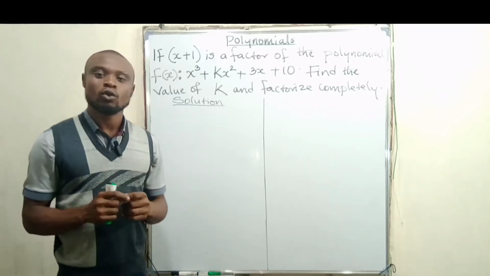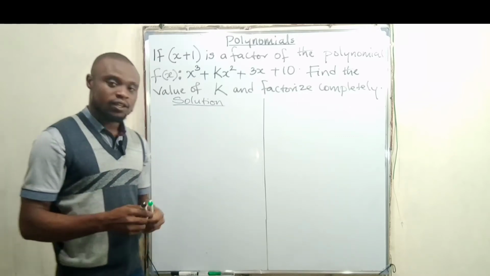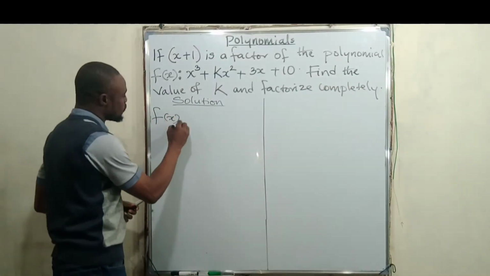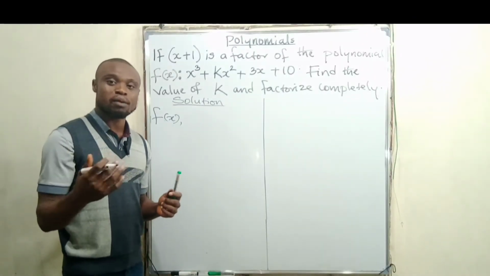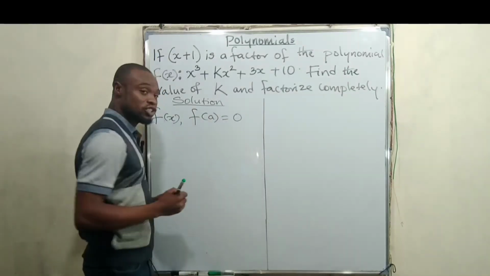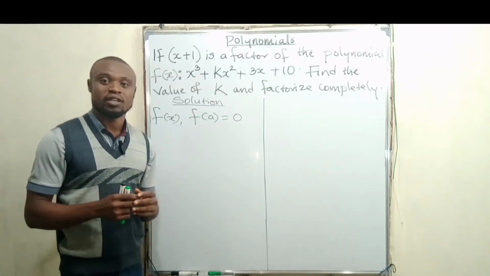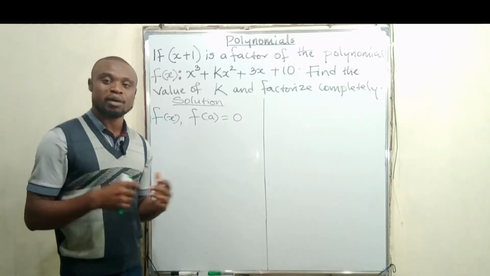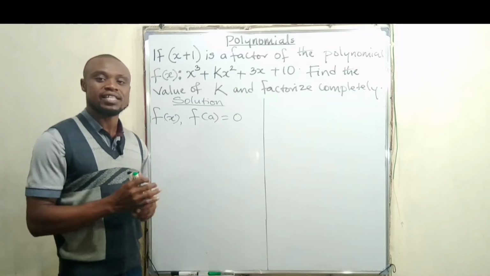Now, first of all, we need to recall the factor theorem that says that when we have an f of x like this, and if we substitute a number, let's say a value, probably an a, into that f of x, and we finally get a 0, guys, if a number, an assumption, is substituted in that particular f of x, now f of x is a polynomial, like I said in my previous video, and we get a 0, that means a is a factor.